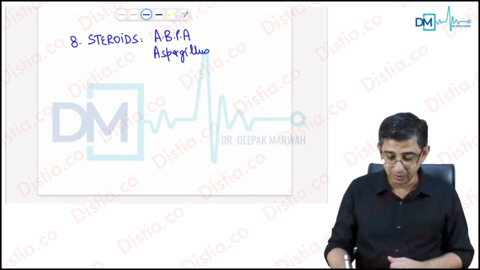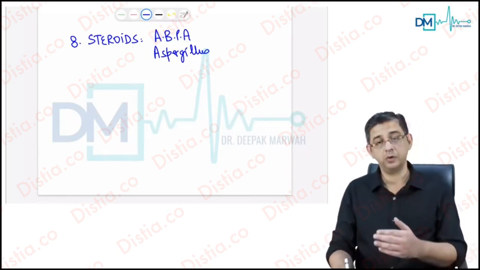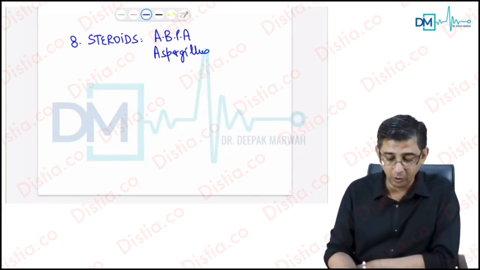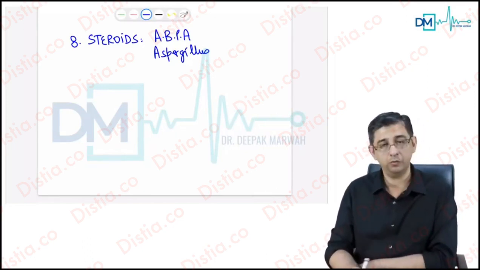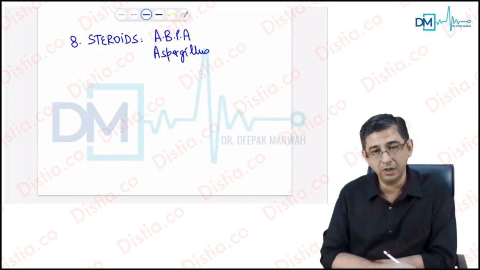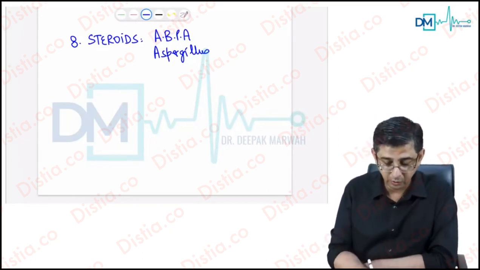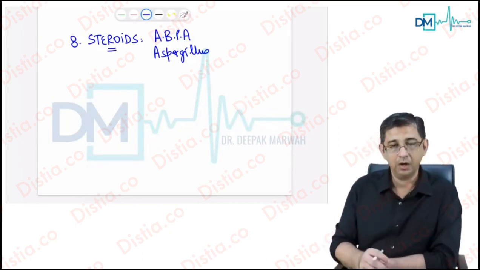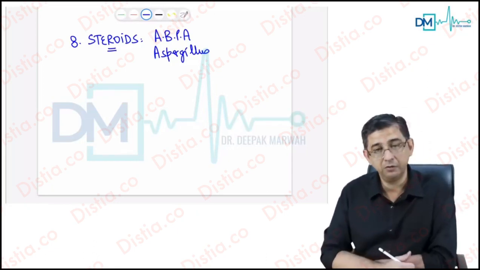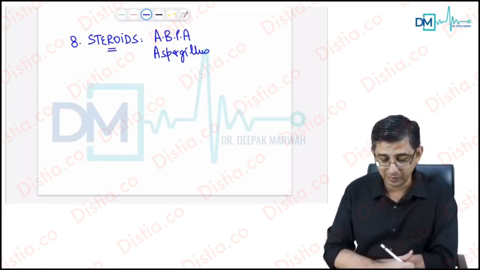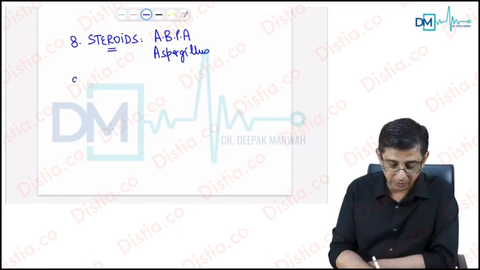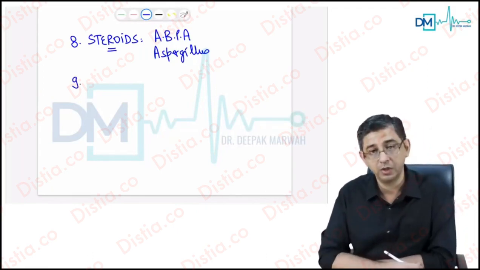So aspergillus can contribute to allergic bronchopulmonary aspergillosis, and this ABPA responds to usage of antifungal drugs like itraconazole, but steroids are also given because when you are going to have a hypersensitivity reaction to the organism aspergillus, then to reduce the hypersensitivity reaction, steroids would be used.